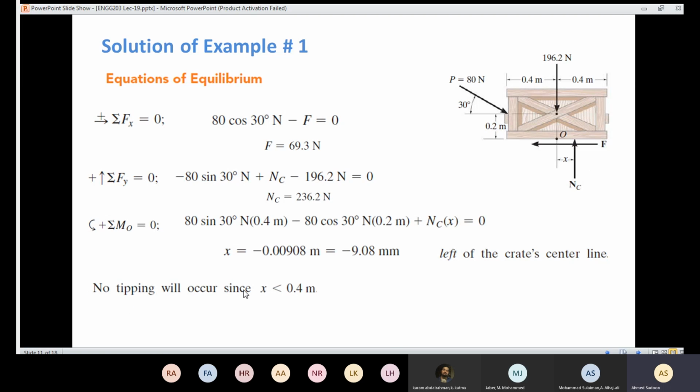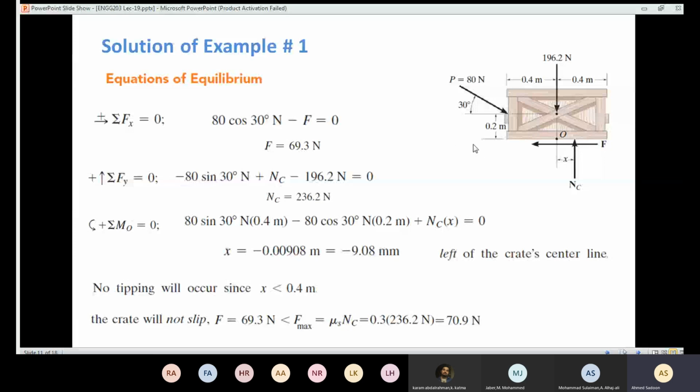So no tipping will occur since X is less than 0.4 meters. And also the crate will not slip because the value here is less than the maximum value. Remember, at the maximum value, the box is about to slip. Since the frictional force here is less than the maximum static frictional force, it means the box is not going to slide.